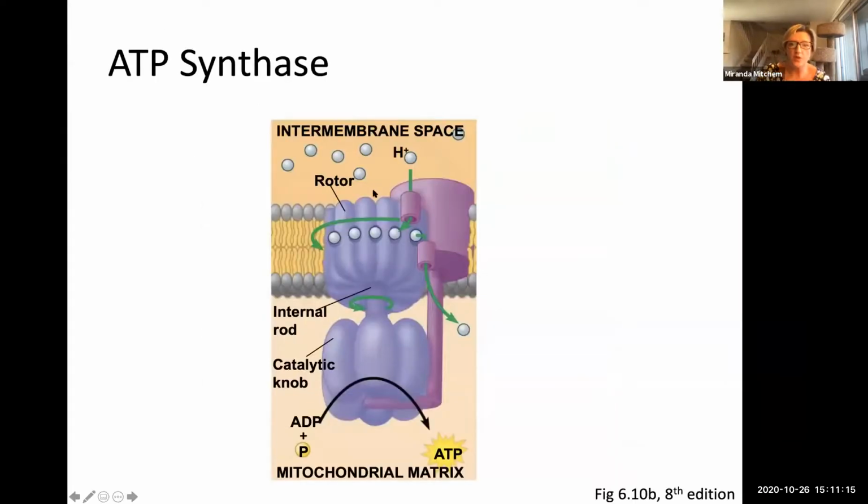So here's a zoom in, a close-up view of the ATP synthase molecule. It takes the hydrogens, puts them in the rotor, and then cranks them. And as one of these H pluses goes through, we are phosphorylating a molecule of ADP to make ATP.